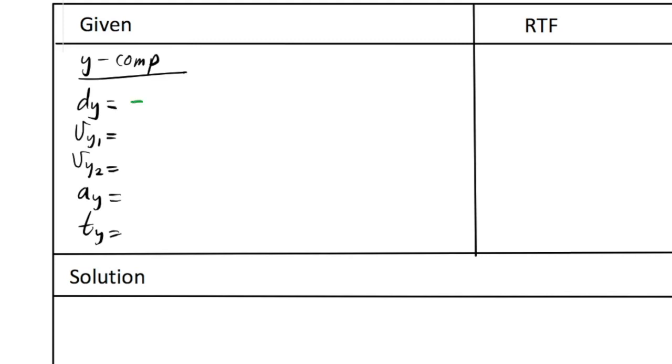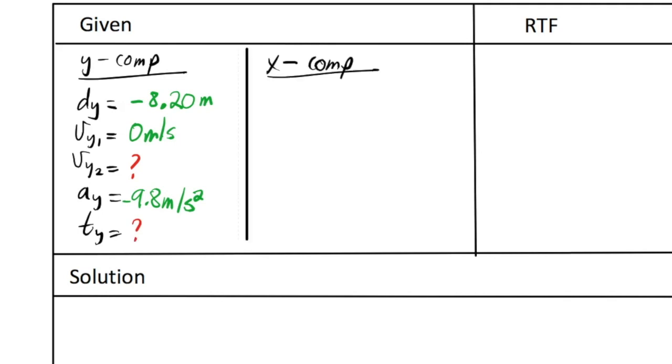So we know that dy is negative 8.20 meters. The vy1, because it's being dropped, is 0 meters per second. We don't know what the vy2 is, and we know the acceleration is negative 9.8 meters per second squared. And that is always true on Earth. So we have 3 things. The 2 things that we don't know are the final speed of impact, the vy2, and the time.